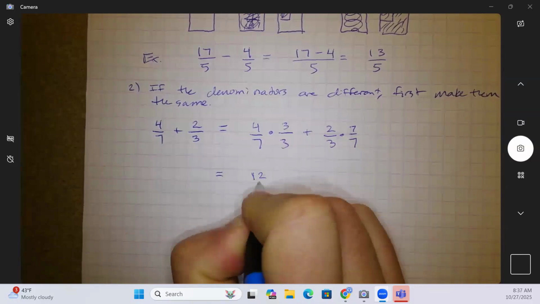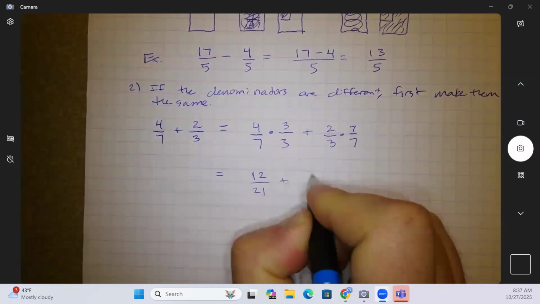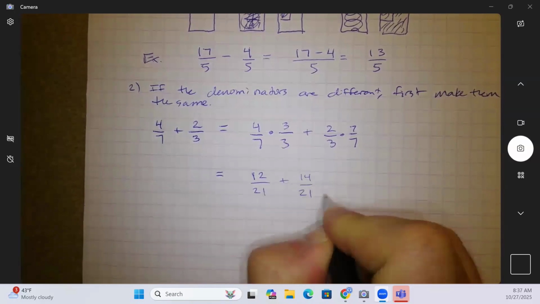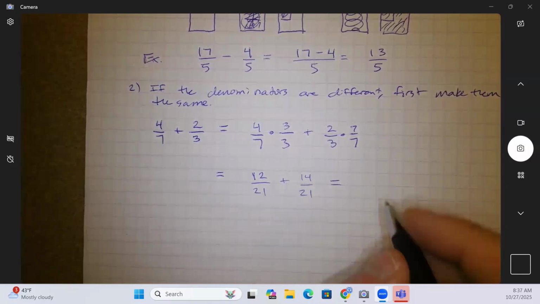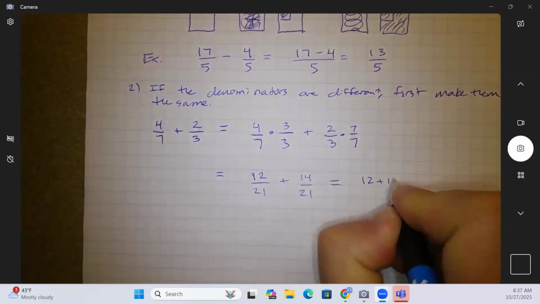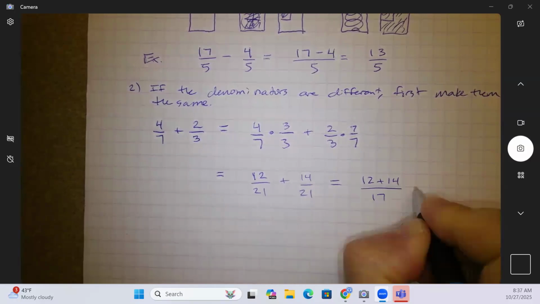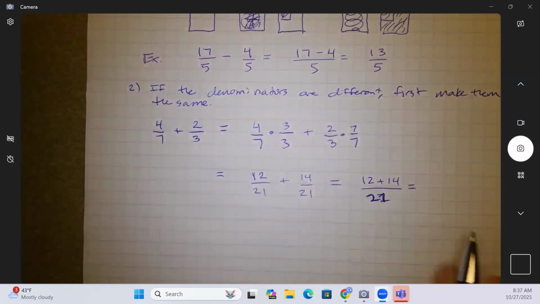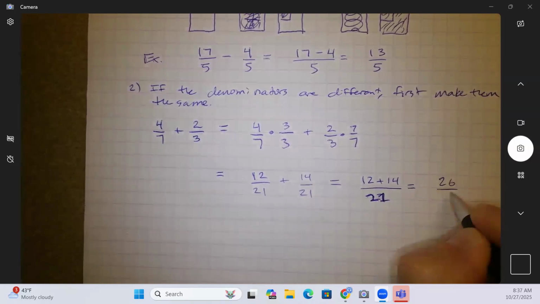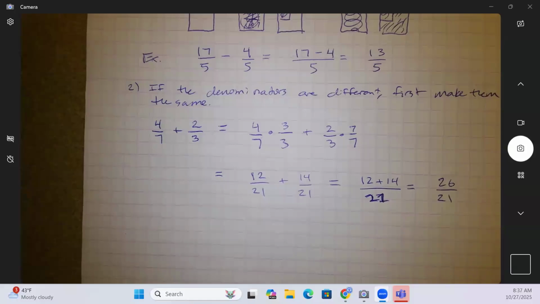I get 12 over 21 plus 14 over 21. And now they have the same denominator. So now I can add the numerators and I get 26 out of 21.